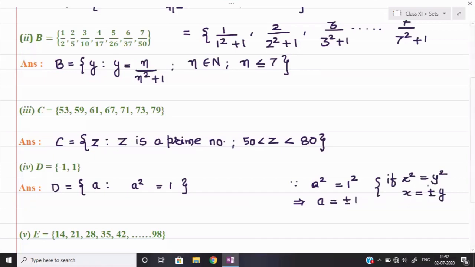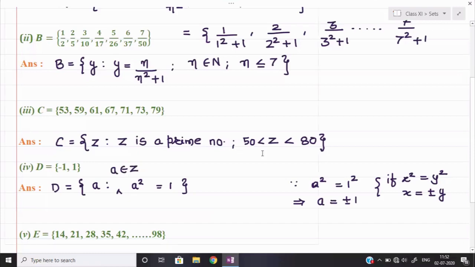Negative will become positive over there. So what is the value of a coming over here? Either 1 or minus 1, which satisfies the given condition. So our answer is a such that a square is equal to 1. And one more thing we can add over here, a should belong to integers, a belongs to Z, that we can write down.